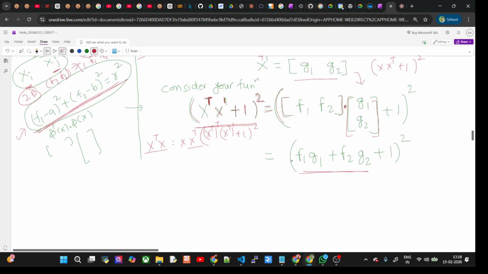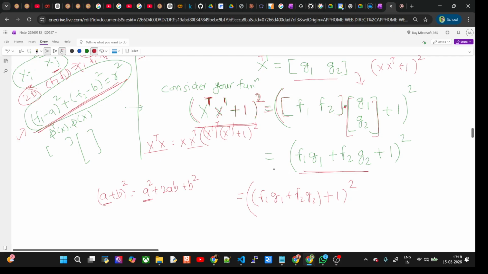And what we are doing now, whatever equation you have here, f1 g1 f2 g2, you are trying to solve this. You know that a plus b whole square is a square plus 2ab plus b square. So I am considering f1 g1 plus f2 g2 as a, plus 1 as b, whole square.